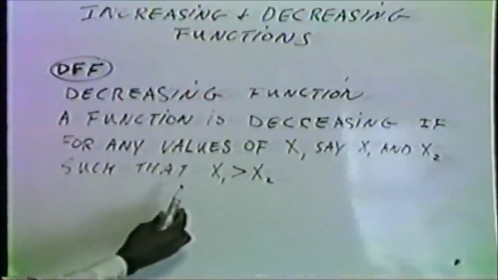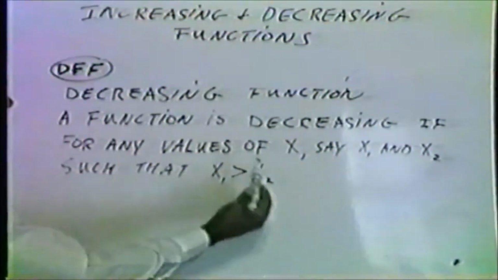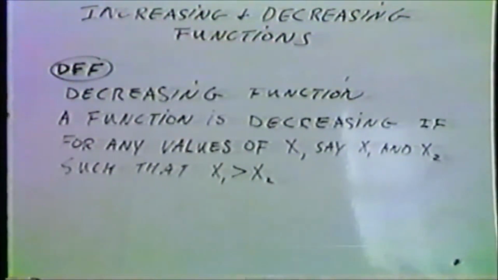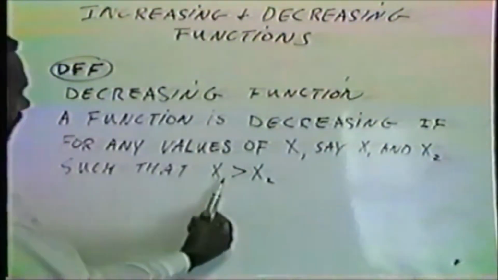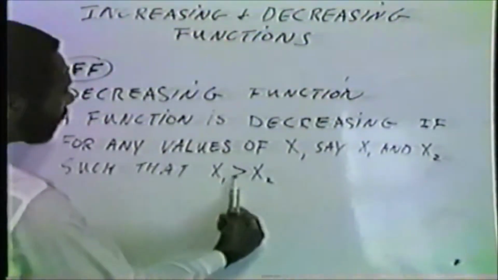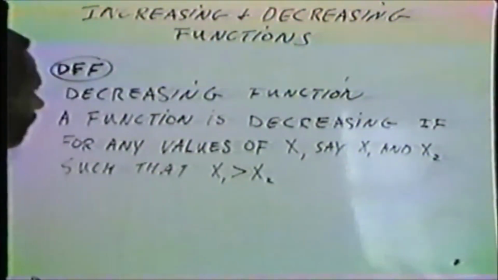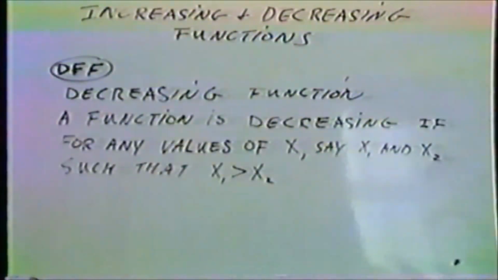So the definition of a decreasing function starts out just like the definition of an increasing function. You choose x1 and x2 so that x1, the first number, is greater than the second number. But it doesn't end up the same way as the definition of the increasing function.